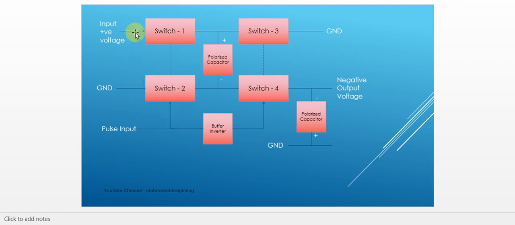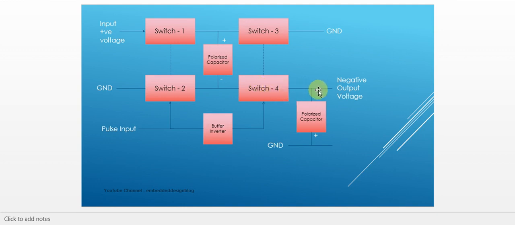Switch 1 is powered with the positive voltage and switch 2 is connected to the ground, and these two switches output to a polarized capacitor. The output of the polarized capacitor is connected to switch 3 and switch 4, which are again connected to positive and negative terminals, and to the negative terminal of the polarized capacitor you connect switch 4.